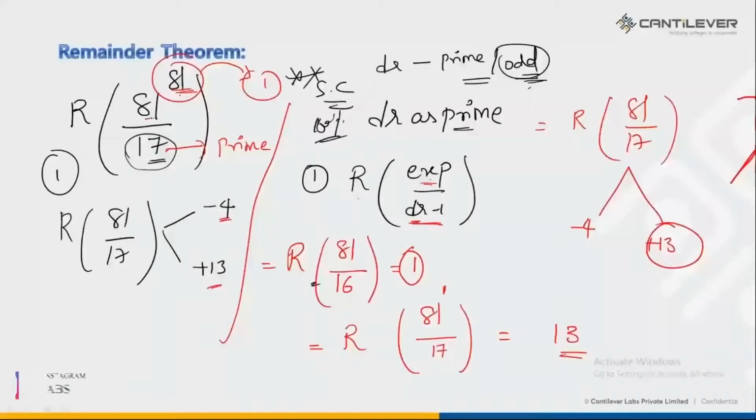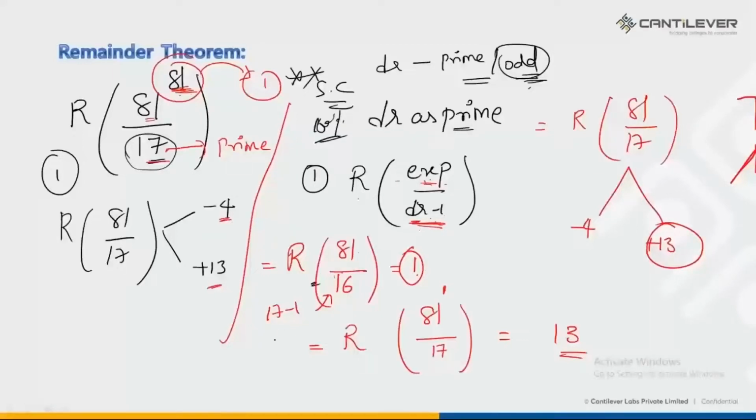This is not the base, I am taking the exponent part, which is 81. Denominator is 17, and 17 minus 1 is 16. So 81 divided by 16, the remainder is 1.